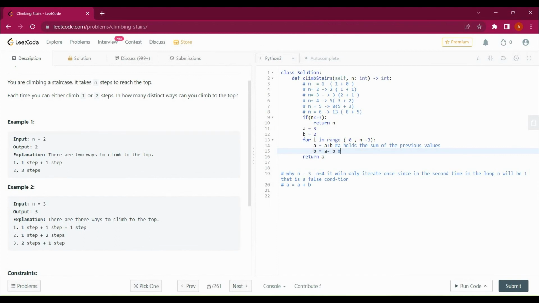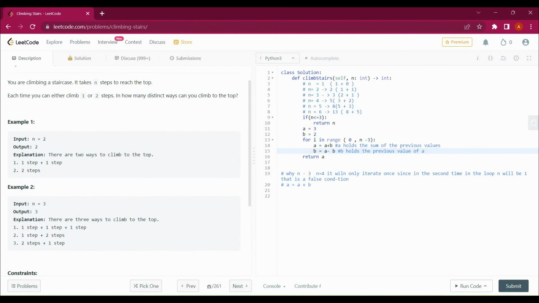Similarly, if we talk about b, b holds the previous value of a.